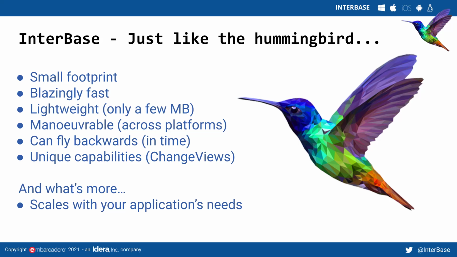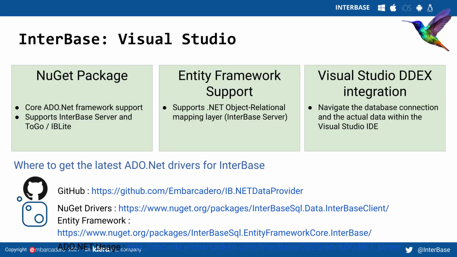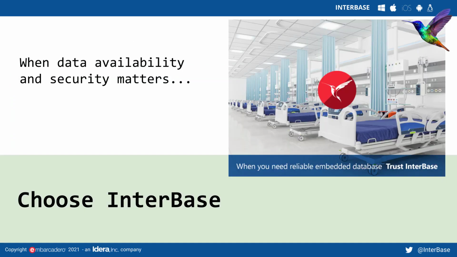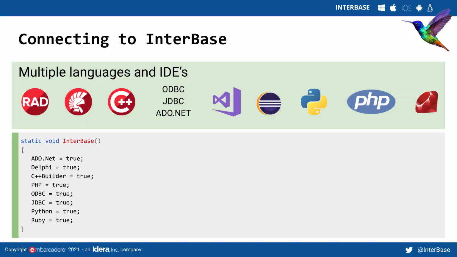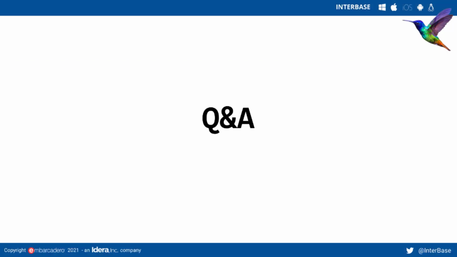The other thing that's worth mentioning is that InterBase has two completely different sales models. If you're building an application for your company, you can buy a license for a server. That's fine. If you're distributing an application not to one or two companies, but to 100 or 1,000 companies, we have OEM distribution deals. Basically, you can embed the database with your application, and the license cost is a fraction of what most of the competitors that have a commercial product would charge, and you still get support and all of the security of a commercial version.